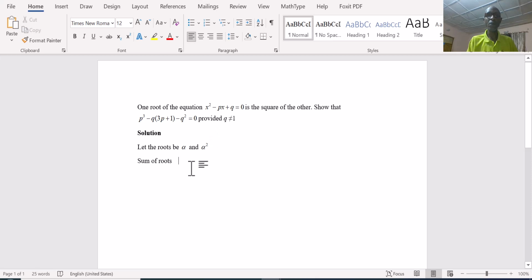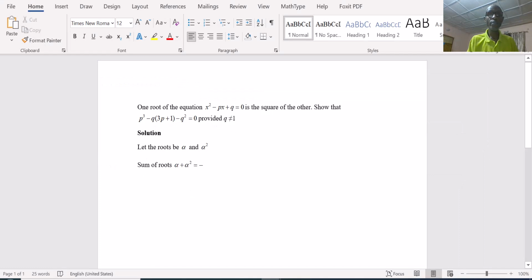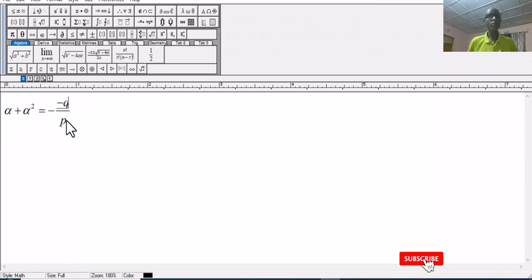In this case we have minus p, so minus of minus p over 1 will give us p. That is the sum of the roots.